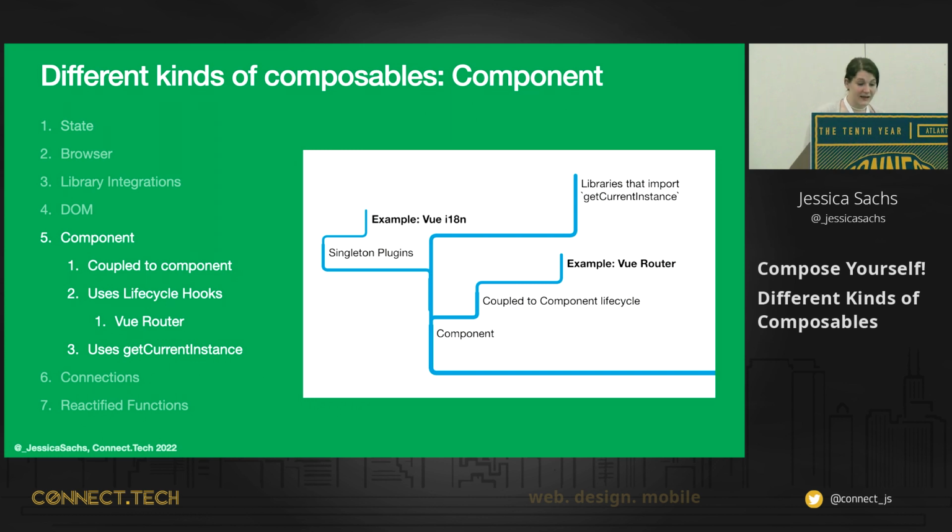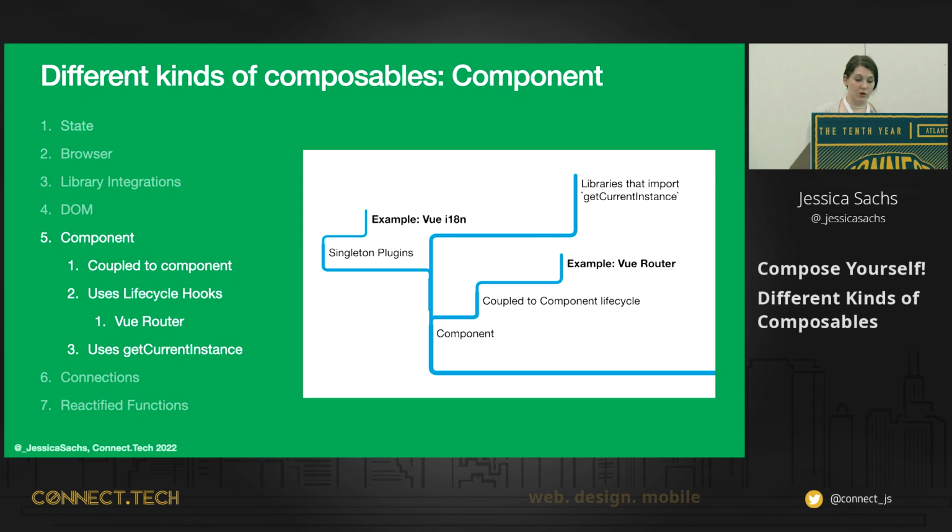Next, we have component types of composables. These kinds of composables are coupled to a component lifecycle. So they care about who their parents are. They care that you have installed i18n, for instance. An example of this would be Vue Router. Vue Router wants to do different things, dispose of parents, dispose of children, depending on where you are in your navigation.